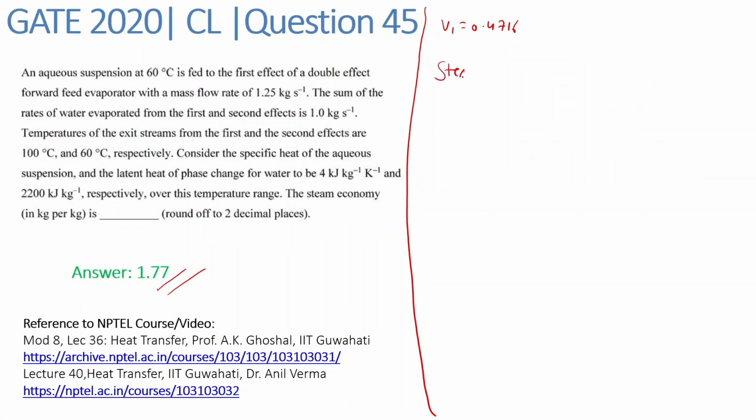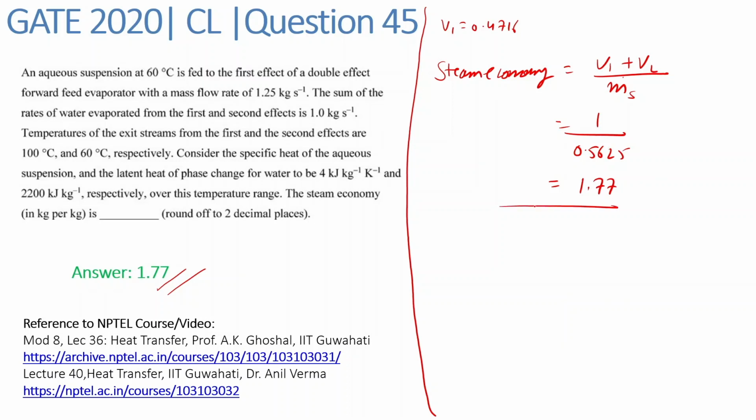We can write the steam economy as V1 plus V2 upon m dot s, that is 1 upon 0.5625, and it will become 1.77. So this is my steam economy. We can write the final answer, the steam economy in kg per kg, as 1.77 up to 2 decimal places.